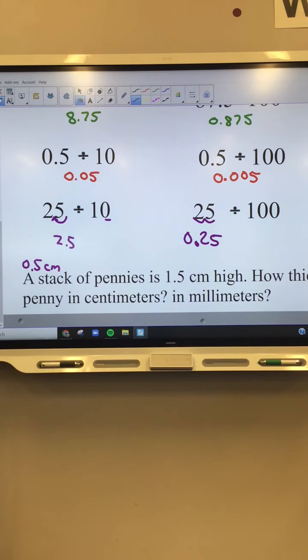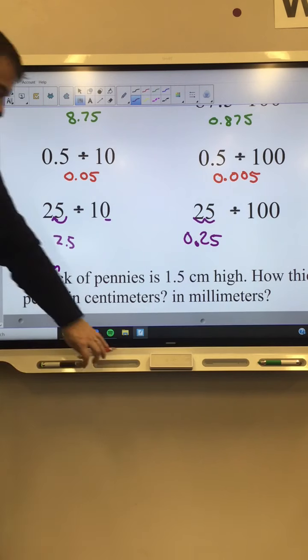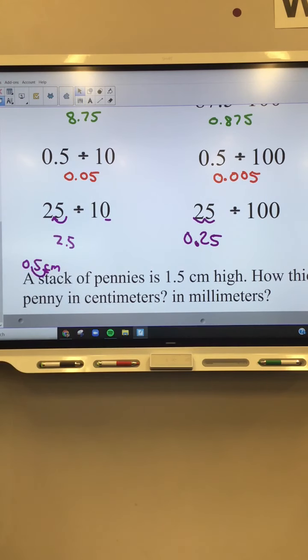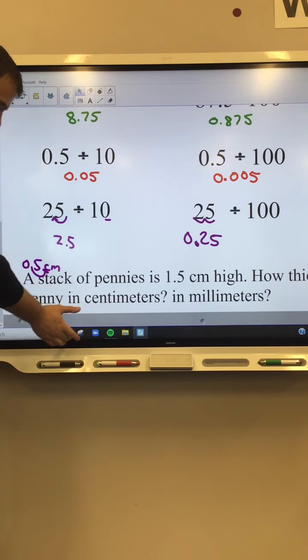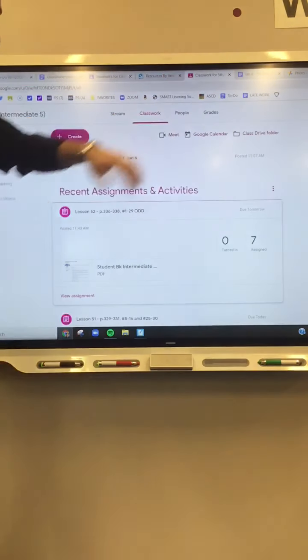So I can take however many centimeters and multiply it by 10, which would be moving it this way, to tell me how many millimeters I've got. Or if I know how many millimeters, I could divide by 10 to show me how many centimeters. Okay? So we'll see that, and we haven't gotten into that, but we'll get into that a little bit in the next couple weeks, where we take a look at measurements and use this same thing of multiplying or dividing by 10. All right, a little practice for today.